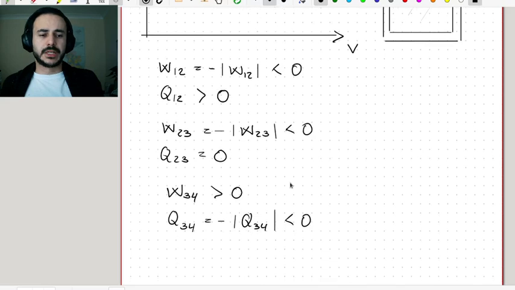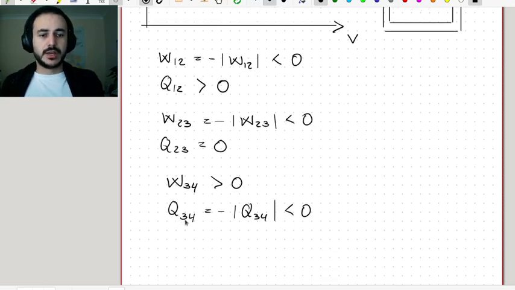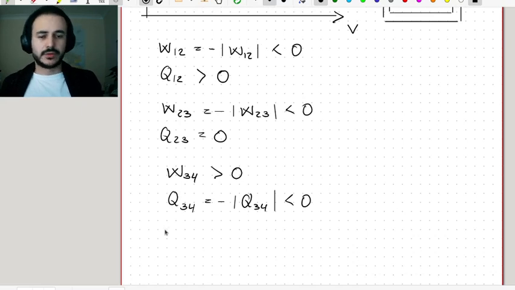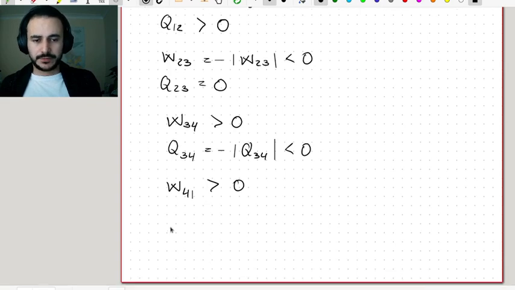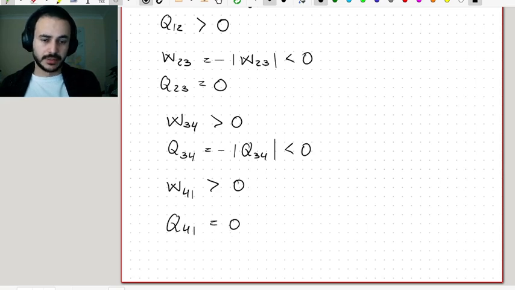In this case, you have contributions both from the isothermal strokes and from the adiabatic strokes. I forgot to write the last little bit. When you go from 4 to 1, work is still positive, so the environment has to do the work, and the heat is going to be 0 in this case because it's adiabatic.